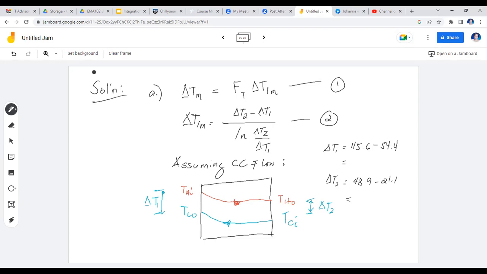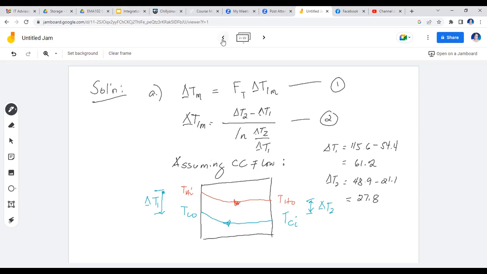Okay, so you now have the corresponding delta T1 and delta T2, which could easily be plugged into equation 2. Can you give me the values of these two? Antoinette, can you give me delta T1? So it's 61.2 here, and you have 27.8 for delta T2.